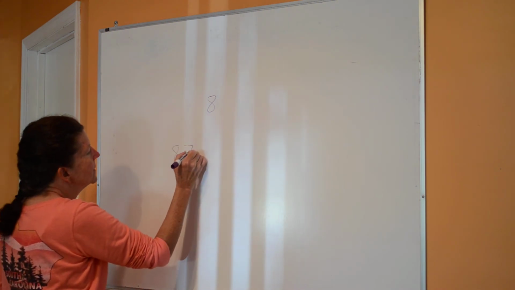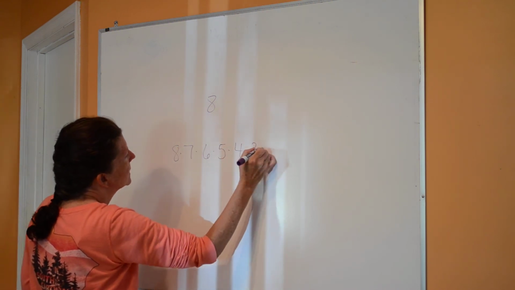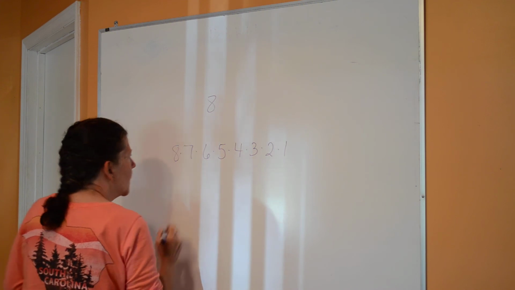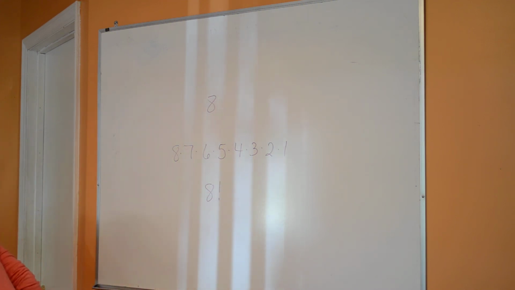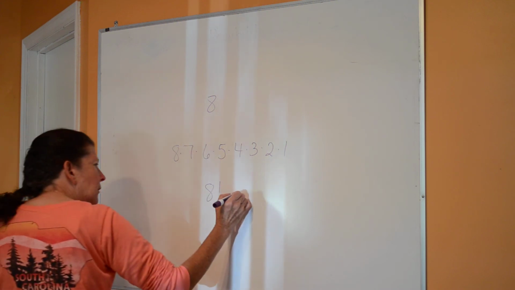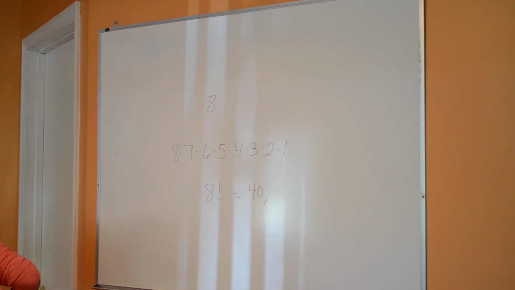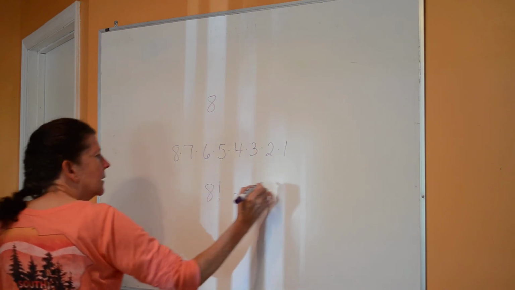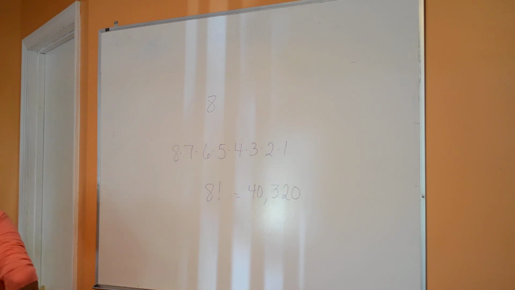So you have 8 times 7 times 6 times 5 times 4 times 3 times 2 times 1, or what we call 8 factorial, which is equal to, if you use your calculator, 40,320 different ways that they can stand in line.